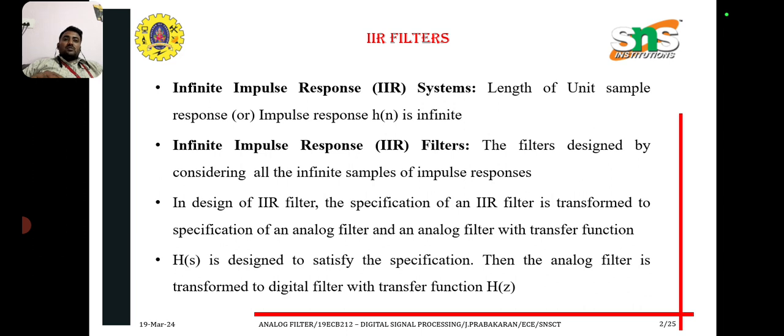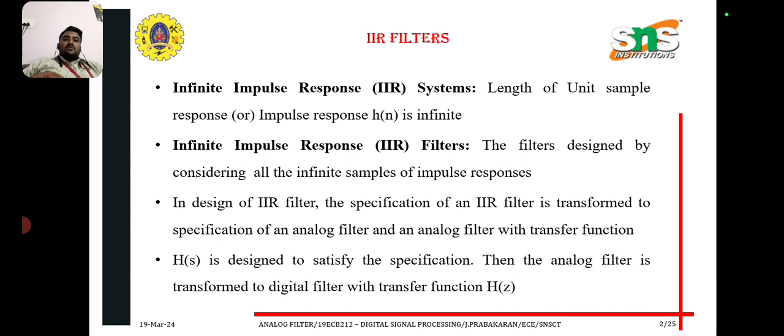Here we have to discuss the IIR filter, that is, the infinite impulse response filter. In an IIR system, the length of the unit sample response h of n is infinite. The filter is designed by considering all infinite samples of the impulse response.